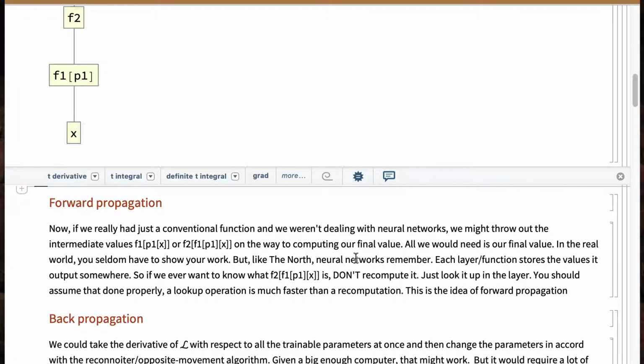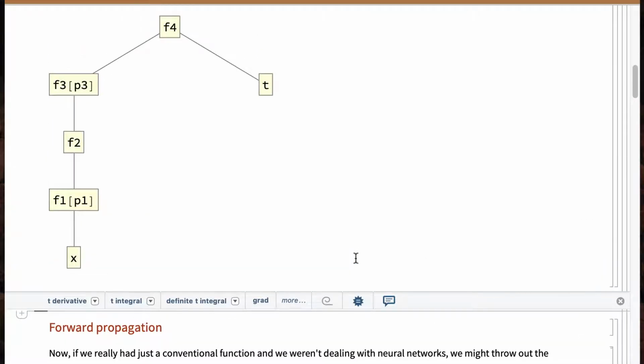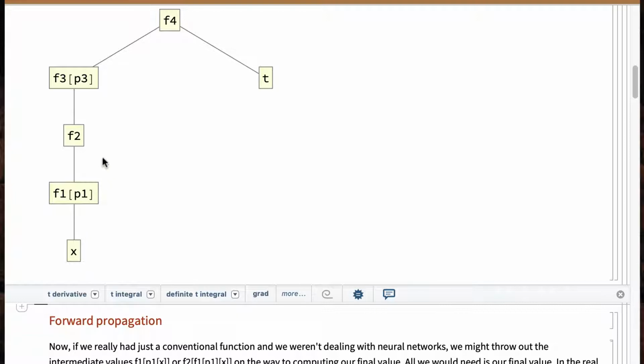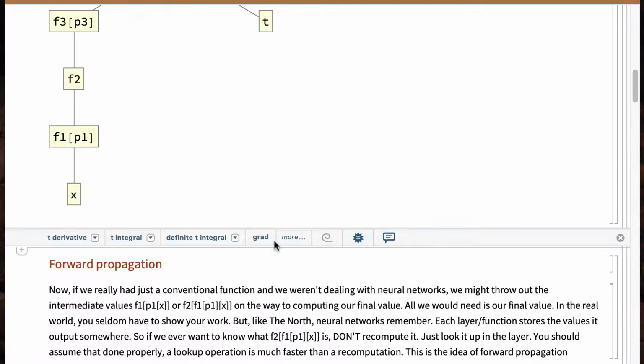Now, if we just had a conventional function and we weren't dealing with a neural network, we might throw out these intermediate values that we got along the way. We wouldn't necessarily save them. They're not useful in general. We want to know what the answer is. What is f4 of all that, and of t? But with neural networks, you want to remember, so you don't have to recalculate things. If you see f2 of f1, p1 of x in some other expression, you know, oh, wait a second, I calculated that before, and it's in memory location 37.